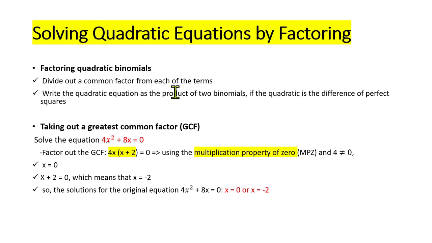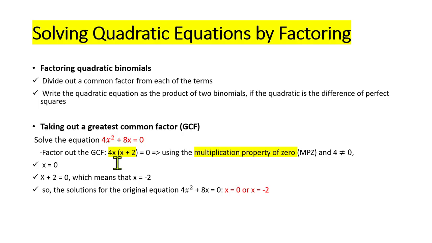Solving quadratic equations by factoring. Here, factoring a quadratic binomial. For example, you want to solve 4x squared plus 8x equals 0. Then you can see 4x is the greatest common factor of the first term and second term.